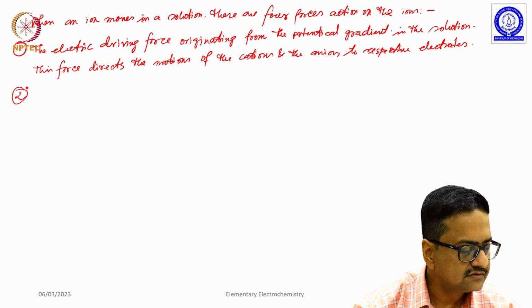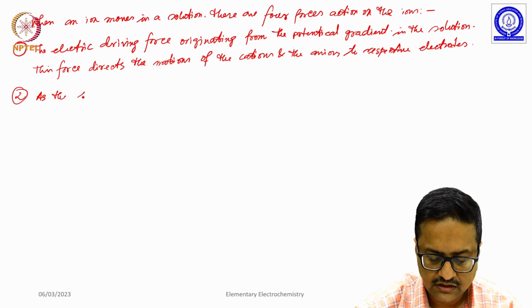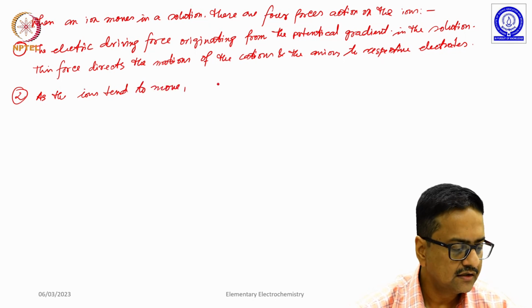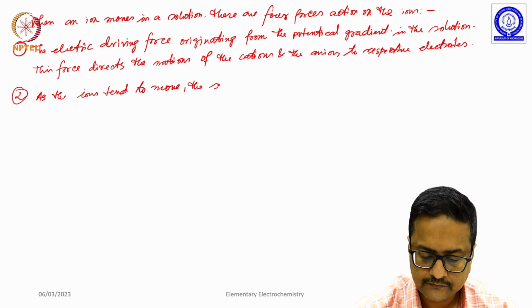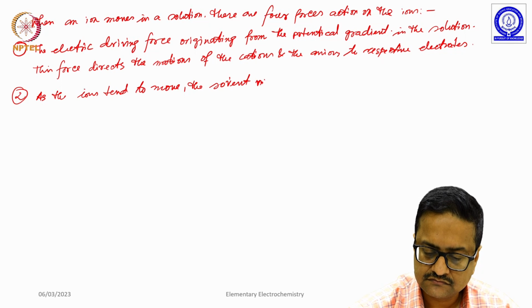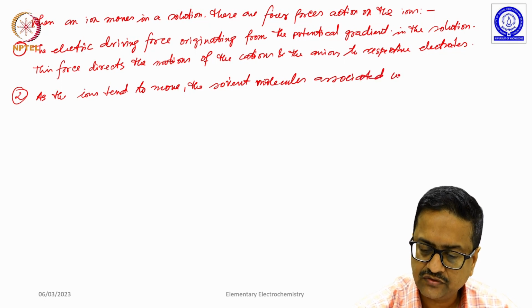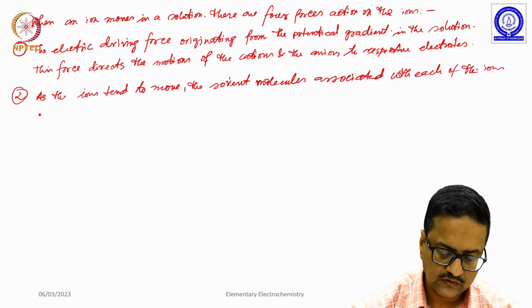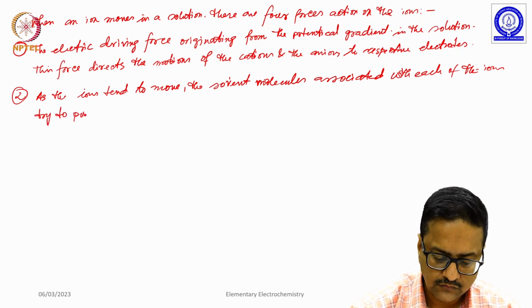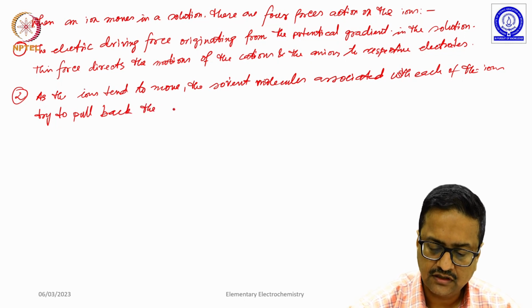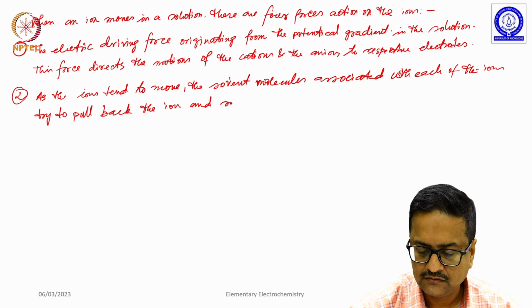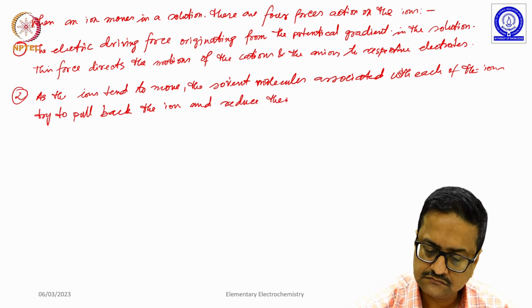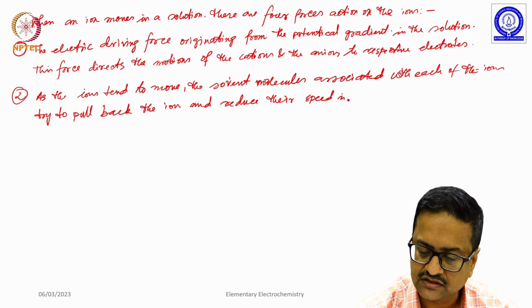Number two is, as the ions tend to move, the solvent molecules associated with each of the ions try to pull back the ions and reduce their speed in solution.